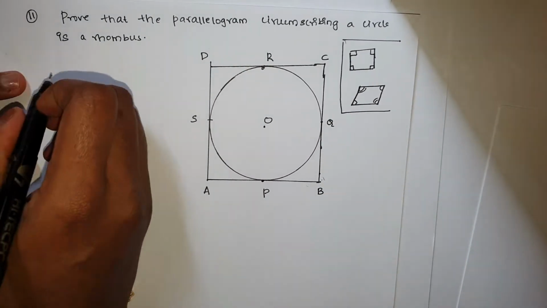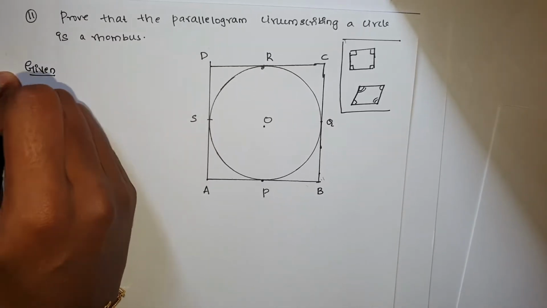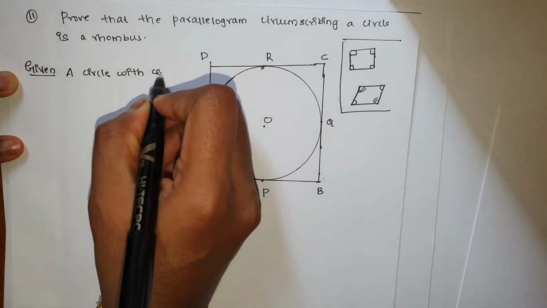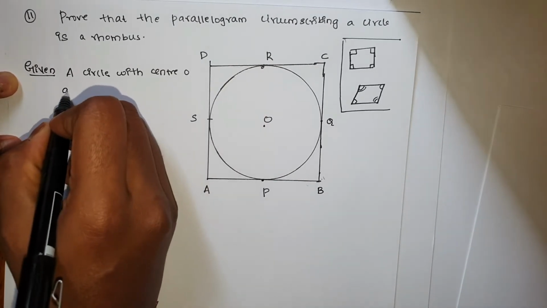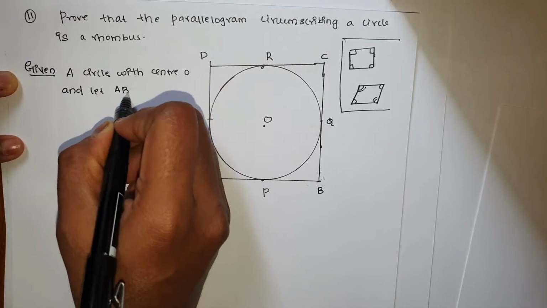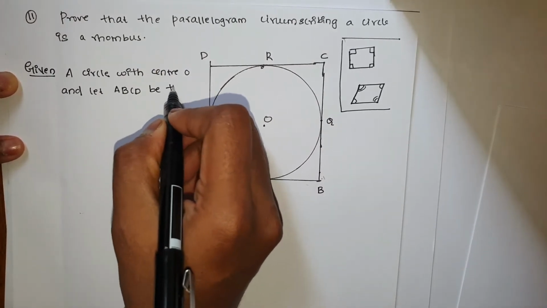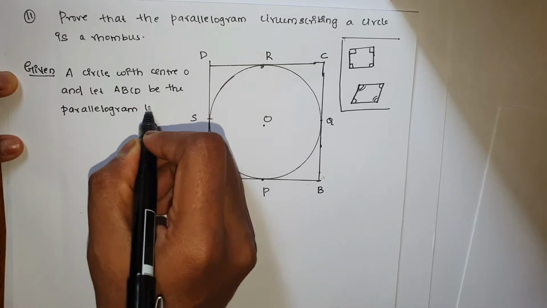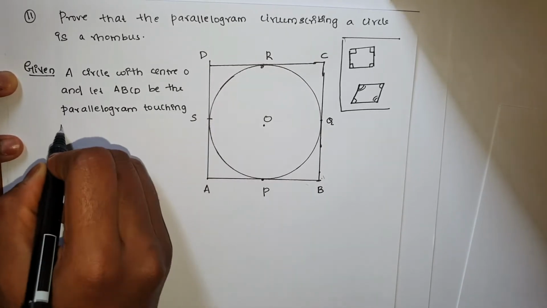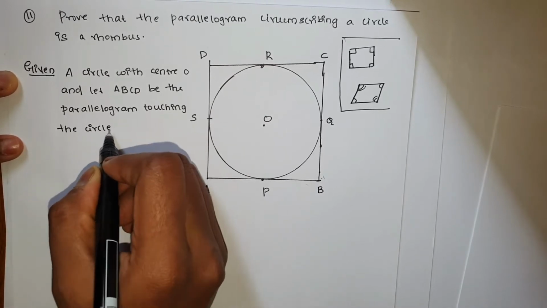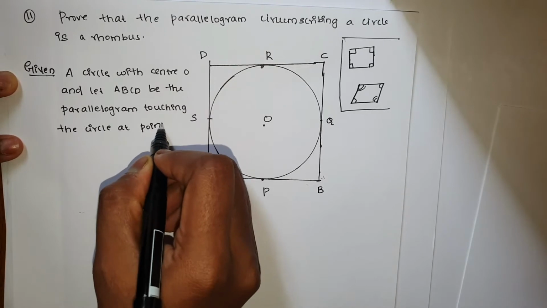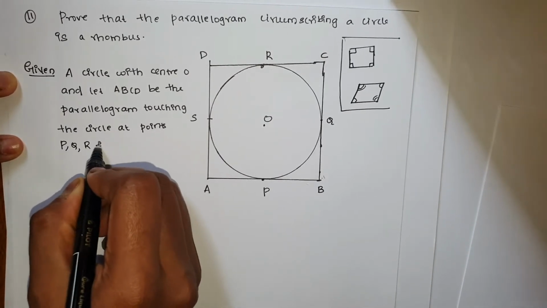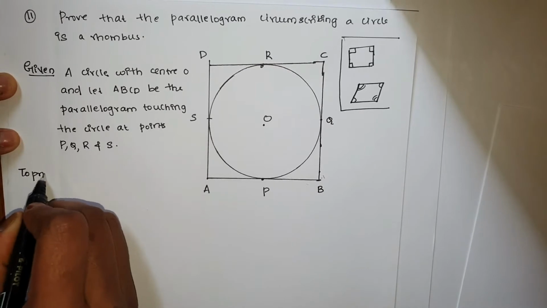Okay, so what is given? Given a circle with center O and let A, B, C, D be the parallelogram touching the circle at points P, Q, R and S. To prove, what we have to prove?